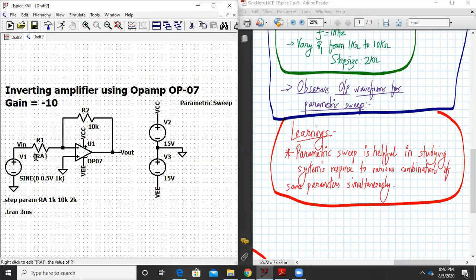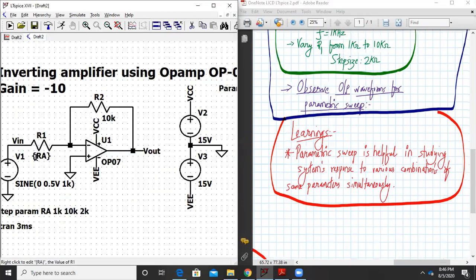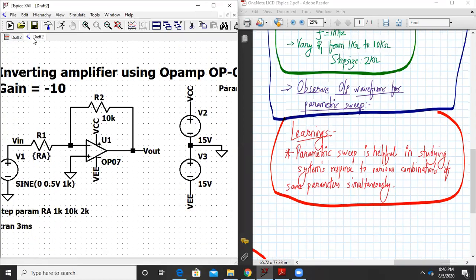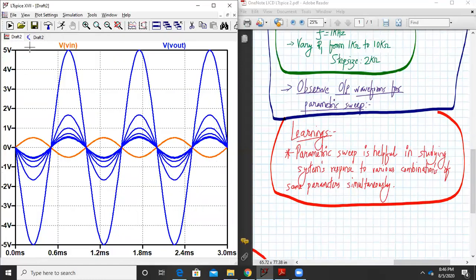Here we have varied the value of RA, different values of R1, and we are observing them simultaneously on the output waveform, as you can see. So this is my system. My system is giving me an amplification of -10, and I can do a parametric sweep which will help me study the system a little better.